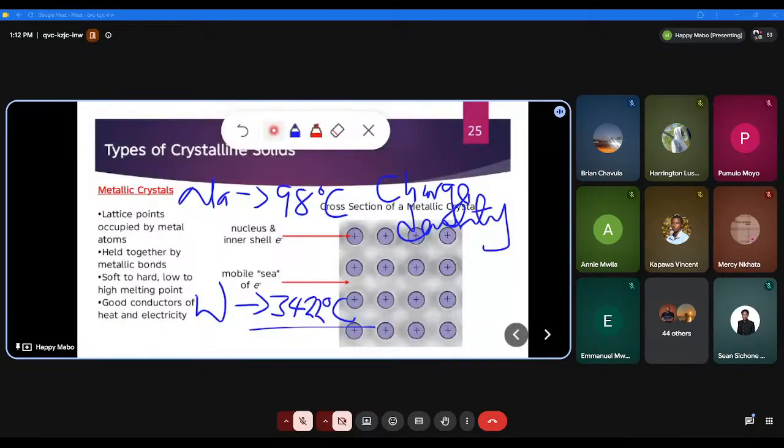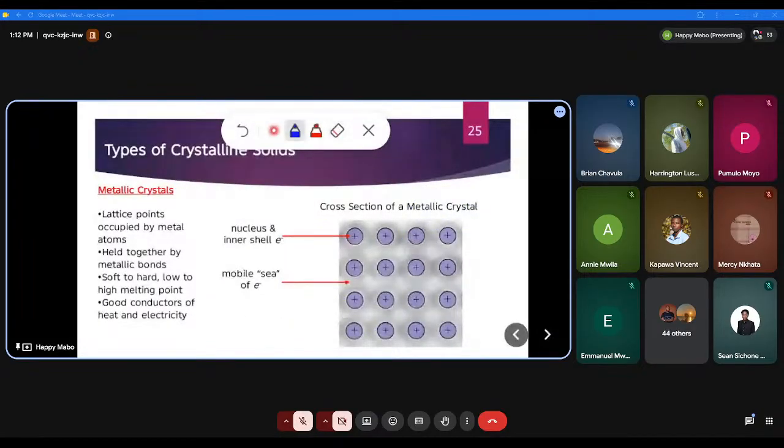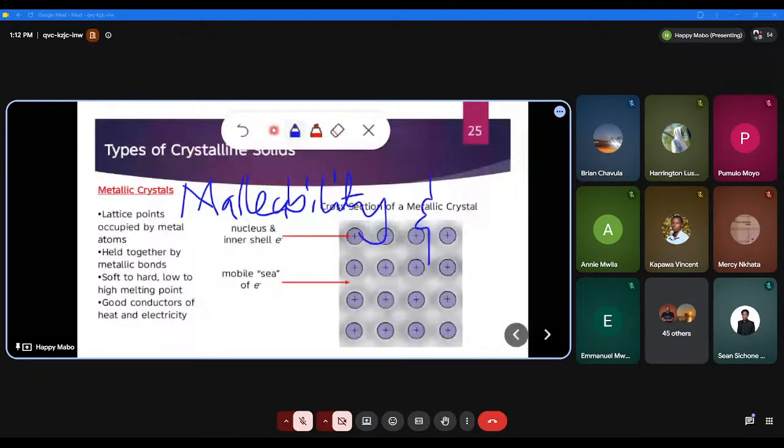Then some other properties associated with metallic crystals are that these structures will have properties such as malleability and ductility. Malleability is the ability of a metal to be hammered into sheets.